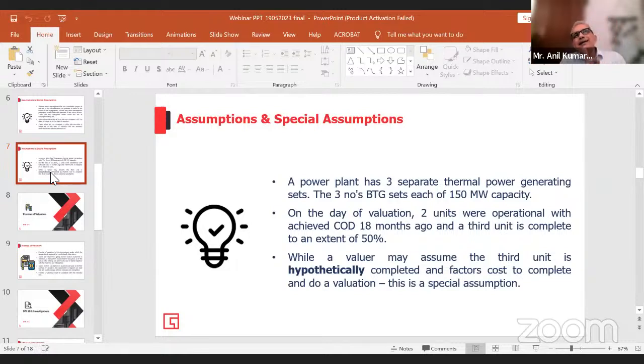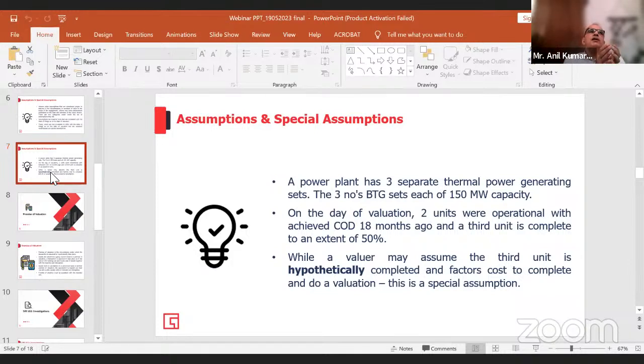Now, when I did the valuation, I assumed that on the valuation date this is going to be completed, which is not borne by the facts on the ground. So this is a special assumption that I make, because I assume that the power plant is going to be a going concern. There are contracts in hand in the other 2 BTG plants which are operational, and there is a likelihood of business taking place in the 3rd unit as well.